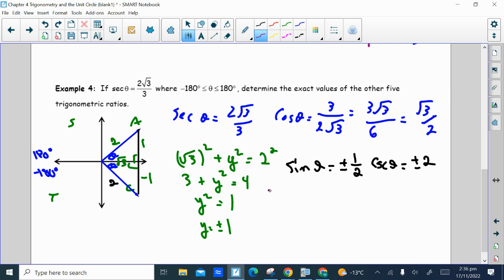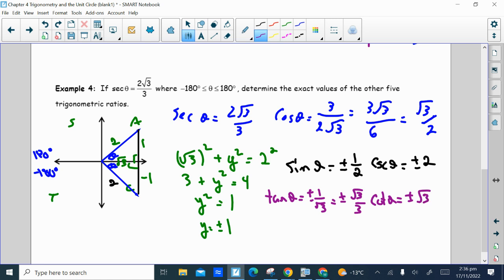And then for the tan of theta, depending on which quadrant we're in, it can either be positive or negative 1 over root 3, or positive and negative root 3 over 3. Whereas the cotan is the reciprocal of plus and minus 1 over root 3.